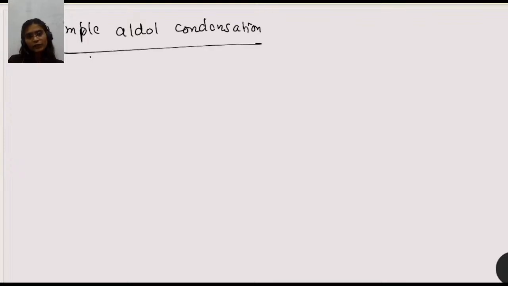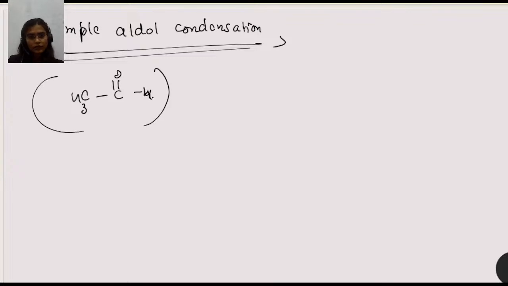What is the meaning of simple aldol? Let's discuss an example. What is the meaning of the word simple? It means we have only one molecule. For example, if I'm starting with CH3CHO, it's one kind of substrate we are using, so only this is going to participate.